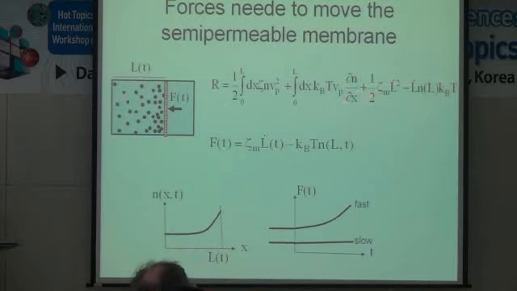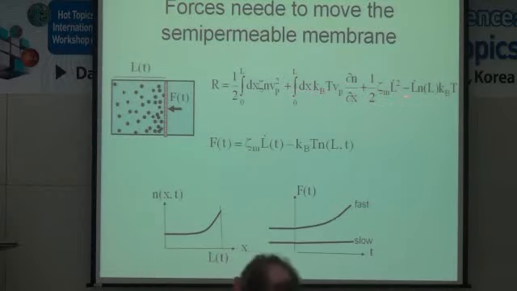This is a Rayleighian, but in this particular case, this L, the position of the semi-permeable membrane, is an external parameter. And I write down the Rayleighian explicitly accounting for this position L. So this is the energy dissipation function, the free energy term, and then plus this extra term, which comes from the integration by parts.